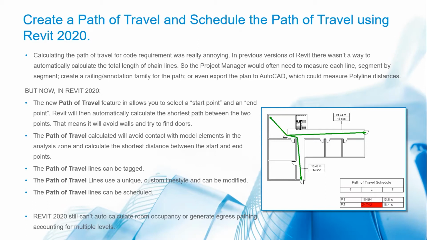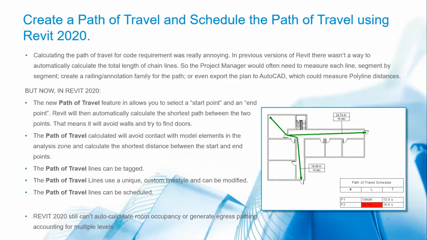I'll show you a little video in a second of how that works. It actually avoids contact with the model elements. You can tag the lines with distances and travel times. You can also change the line style of that path of travel, and you can also schedule.